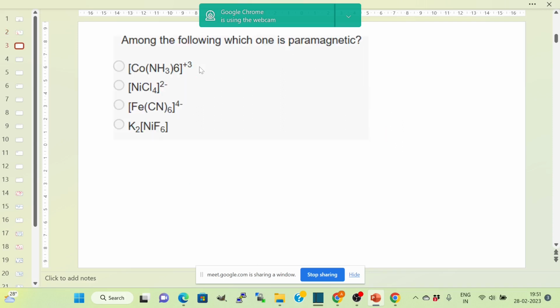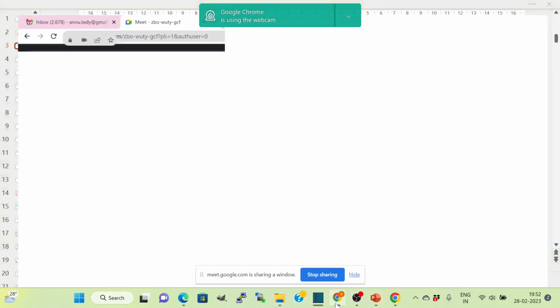So now we will move on to this question: which among the following is paramagnetic? Like this, we will solve step by step. Tell me the number of unpaired electrons, or tell me if option A is paramagnetic or diamagnetic. Is option A diamagnetic or paramagnetic? Please put it in the chat box.